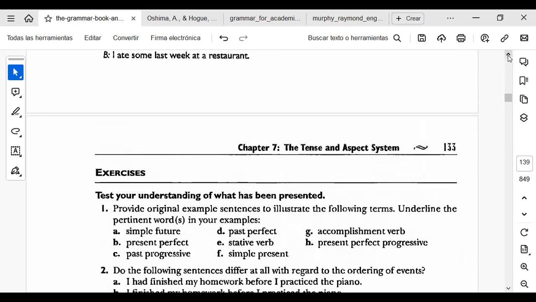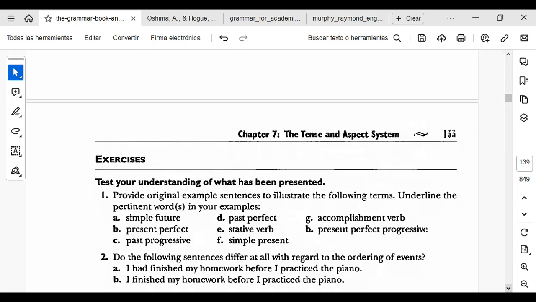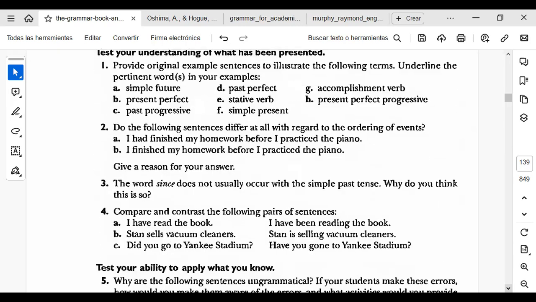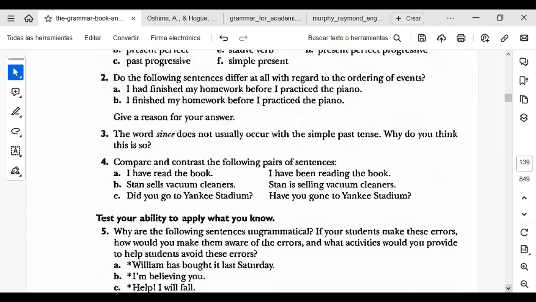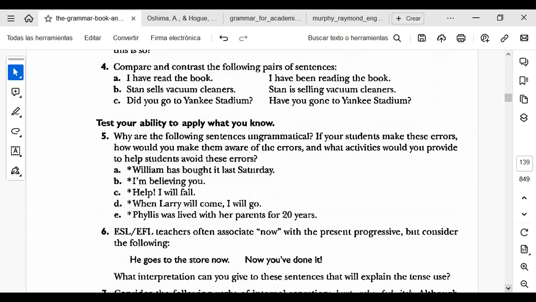What time is it? It's 7:42. So it could be until 8:30 or 9:45. Is it okay?